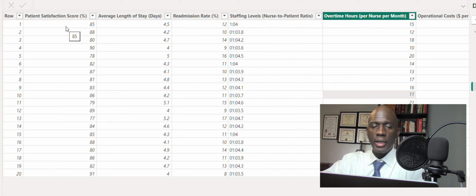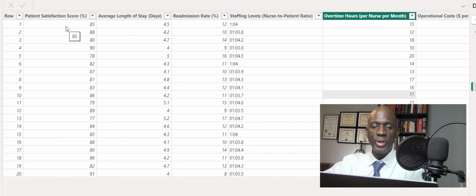Now, again, we can get real sophisticated with this. We can say, hey, we want to know the average readmission rate percentage when the patient score percentage is 79 or lower, or when the patient satisfaction score is 86 to 88, and the average length of stay is 4.1 to 5.1.